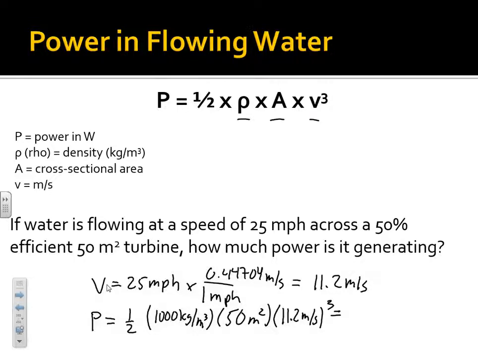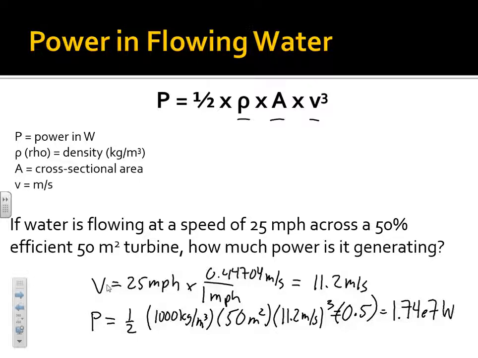Multiply that out, and sorry, let's do the times the efficiency, right? So 0.5 is our efficiency, so we're getting half of that out. If we include that, we get 1.74 times 10 to the 7th.